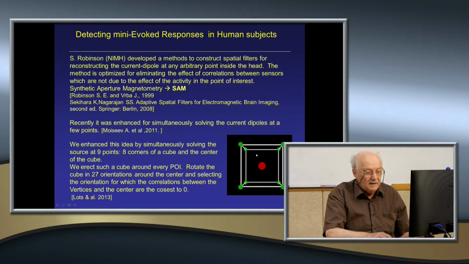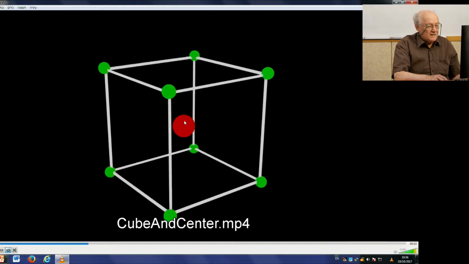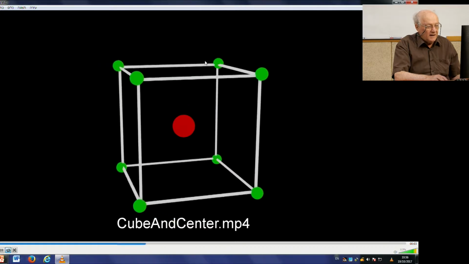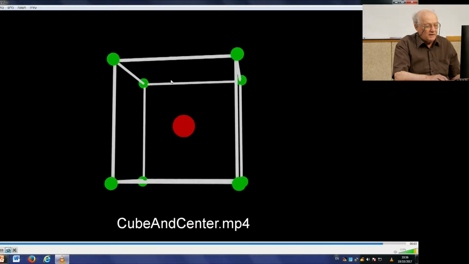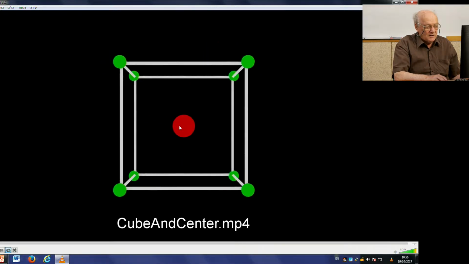We can therefore look at this cube of points. The center point is the point of interest, and around it are 8 points at the vertices of the cube at distances of 2 by 2 by 2 centimeters.